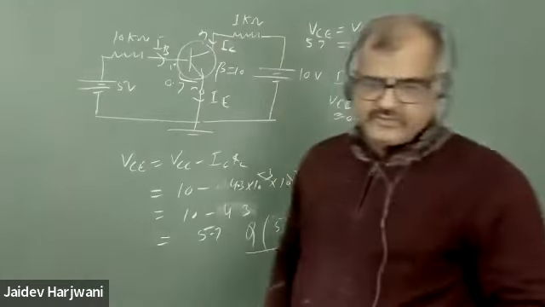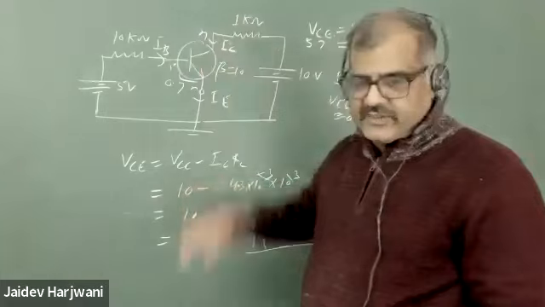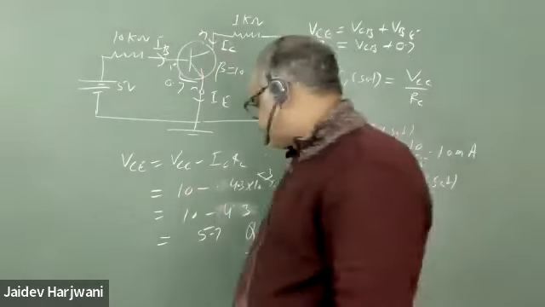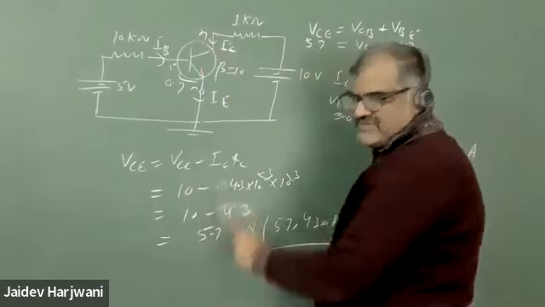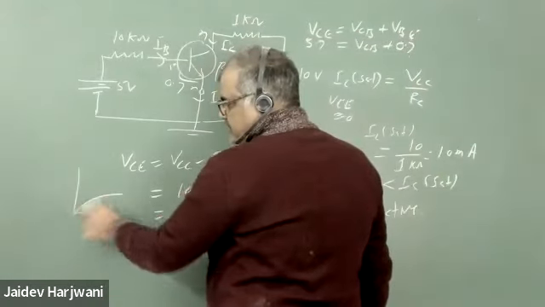So you can always confirm that this is forward bias. VC also is 5.7 volt, that also confirms it, because this is your graph.